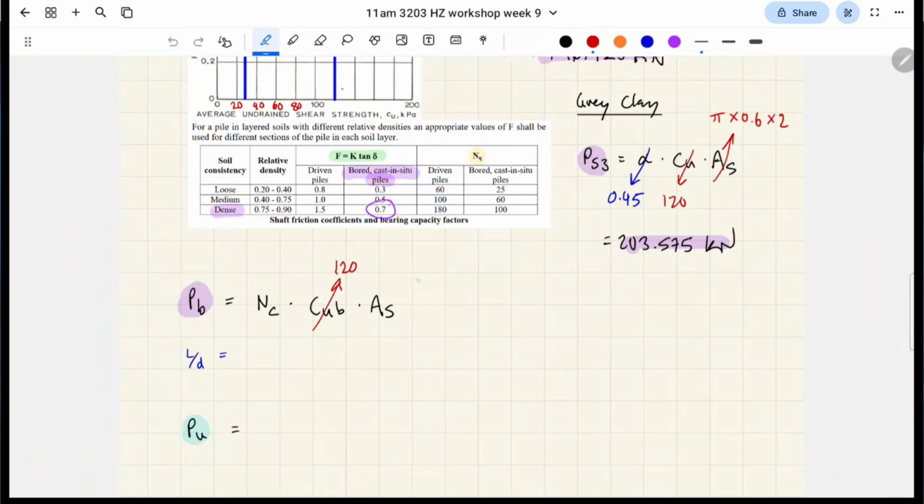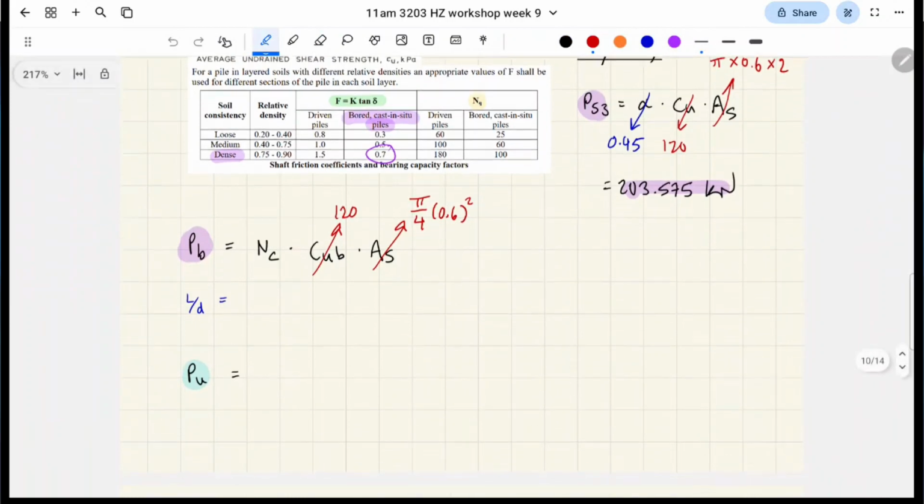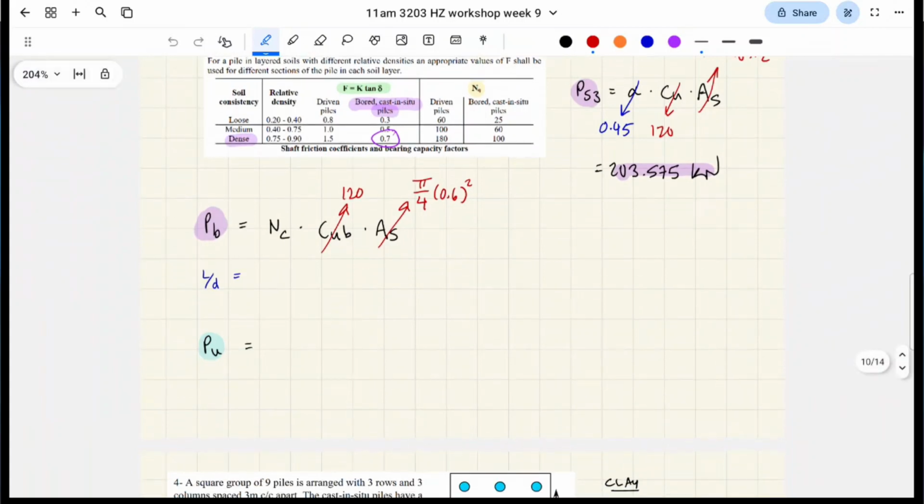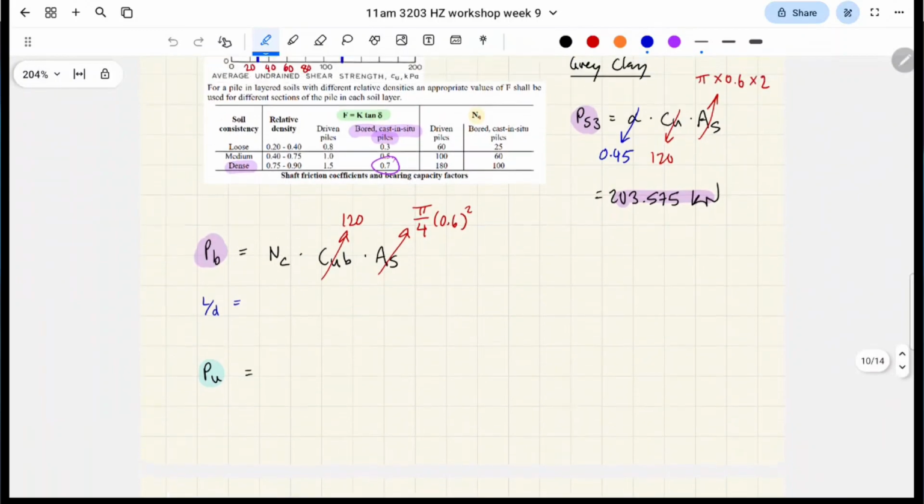For the area of the base, that's just a circle, and that'll be in meters squared. Okay, so let's talk about Nc. As you saw on the right, these slenderness ratio calculations are mostly concerned with clay. So clay will care a lot about the slenderness ratio. So let's calculate that first.